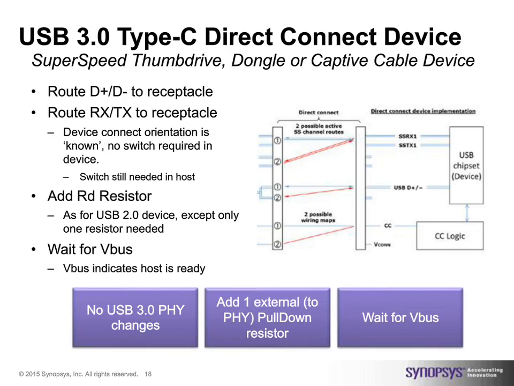So you just wire the plus and the minus to the receptacle, SuperSpeed RX/TX, and you can add just one resistor because there is only one CC pin that will ever be used, and you just wait for VBus. So no PHY changes, even for a SuperSpeed device, just one resistor and wait for VBus as always. So this is easy.